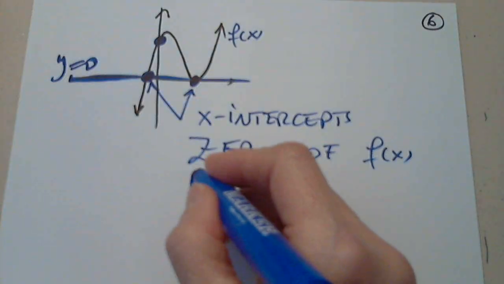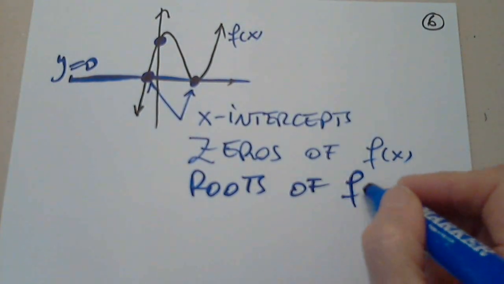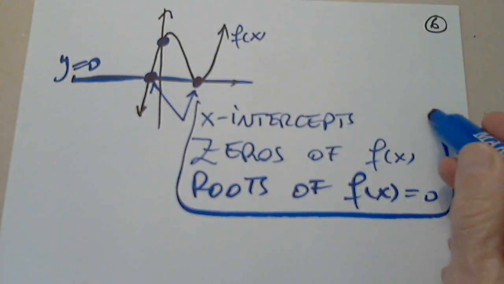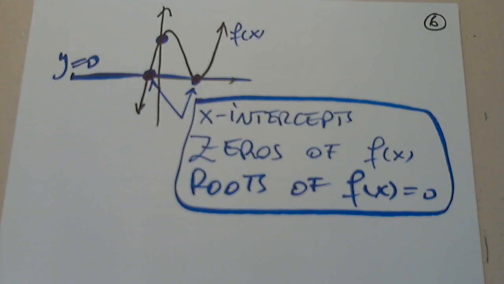They're also called roots of the equation f of x equals 0. All these mean the same thing, and this is terminology that is very important. X-intercepts, or zeros of the function, or roots of the equation f of x equals 0, or the roots of the function.